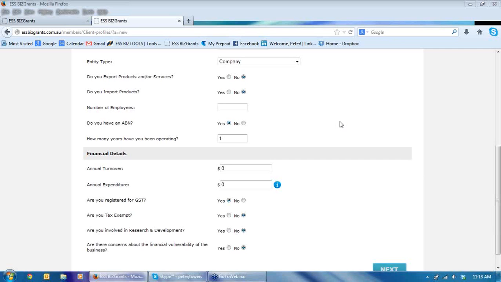So it's not that someone's having some short-term cash flow problems or their debtors days outstanding 62 days. It's really, is there real issues with the business? If you answer yes, well, you won't be shown any grants because that's the attitude of the government departments. If they believe there's financial vulnerability, they will not recommend a grant.